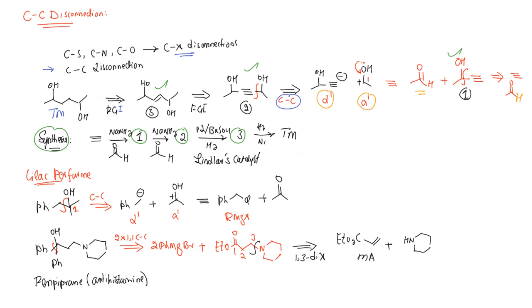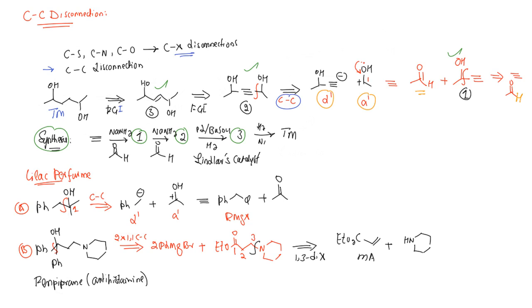Let's consider an example. Here we have example A and example B. Both are examples of tertiary alcohol. Example A is an ingredient of lilac perfume, and example B is pheniramine, which is an antihistamine, an important drug. Let's consider the first example.